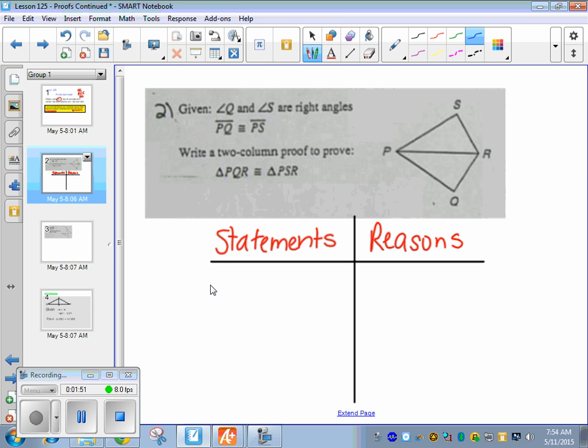Alright, so Scott, what's the first thing we're going to list? The givens. So angle Q and angle S are right angles, so we actually have to just state that.